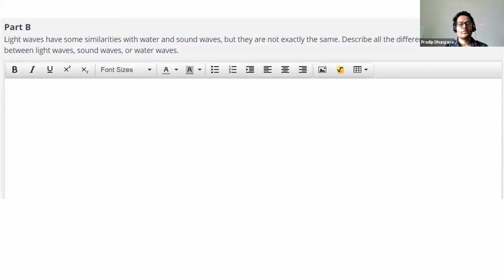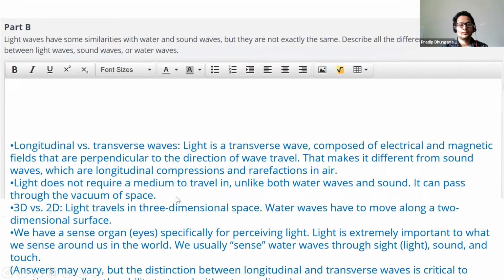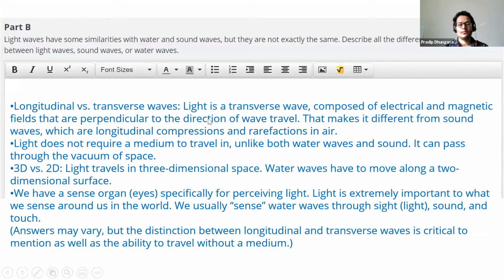That is the key difference between light waves, sound waves, and water waves. Another difference: light waves and water waves are transverse waves, but sound wave is a longitudinal wave. Light and sound waves travel in 3 dimensions, but water waves travel in 2 dimensions. And that is the key difference.